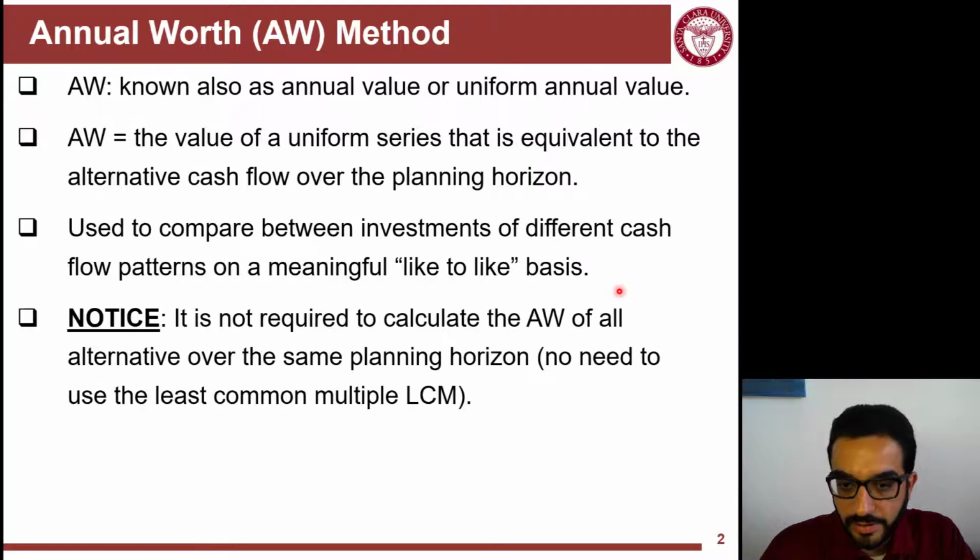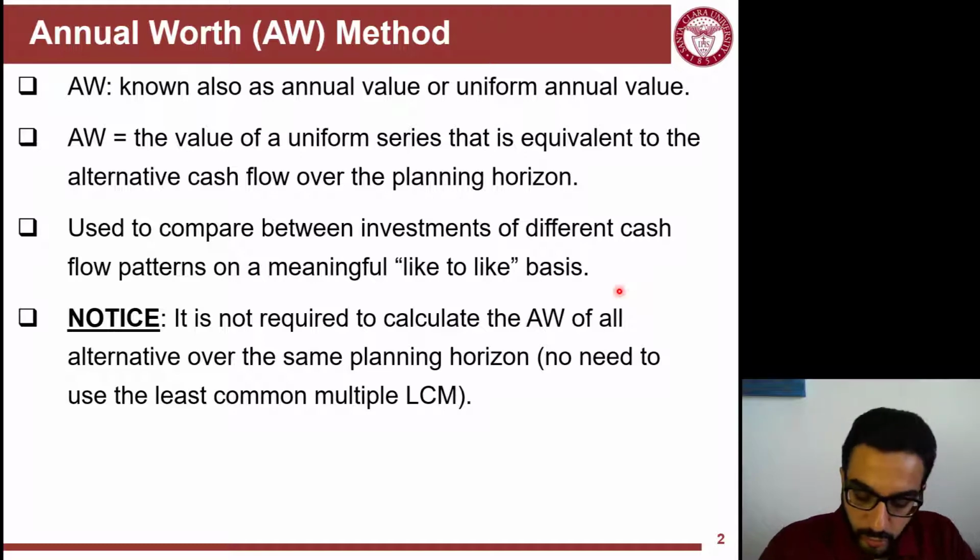So one last thing here is you will not be required to use the same planning horizon because you are representing your cash flow on an annual basis. So it doesn't matter if the cash flow you're representing is 20 years, 30 years, you're representing that as an annual equivalence.